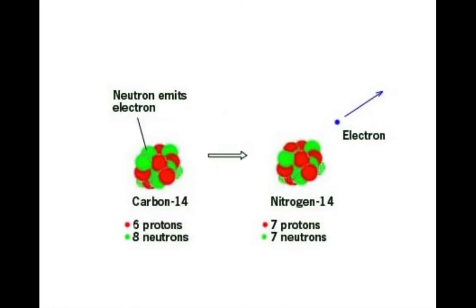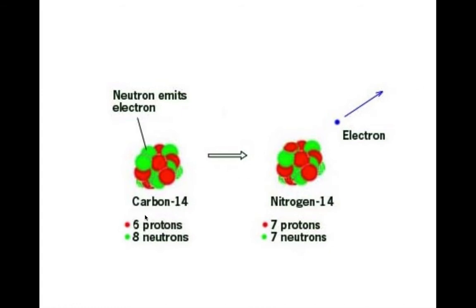Okay, here's another example. This is carbon-14, which is a radioactive isotope of carbon. Carbon-14 has 6 protons in the nucleus. It has 8 neutrons. When it goes through a beta decay, this neutron is converted into a proton and an electron is released.